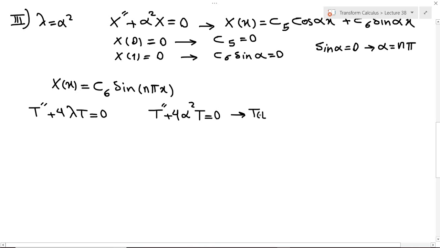So T of t would be equal to, we used C6, so now we have C7 cosine 2 alpha t plus C8 sine 2 alpha t.